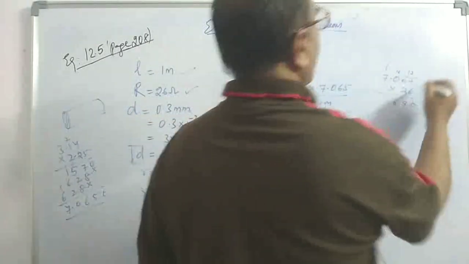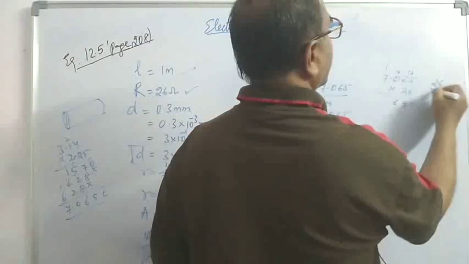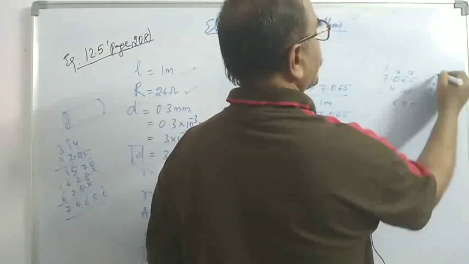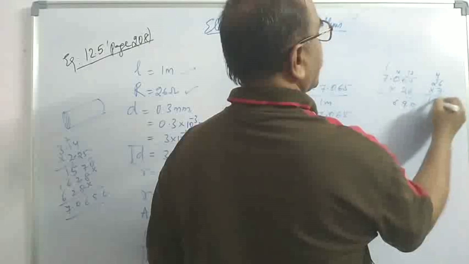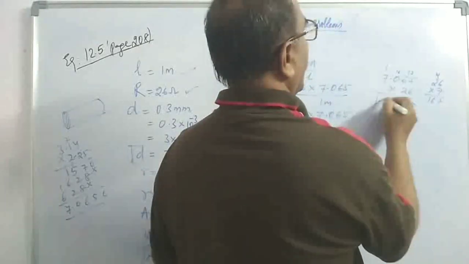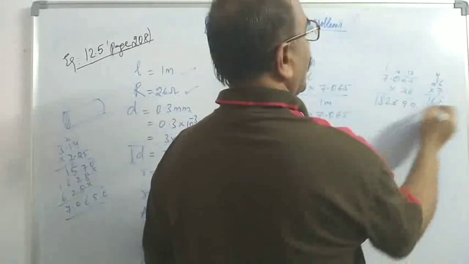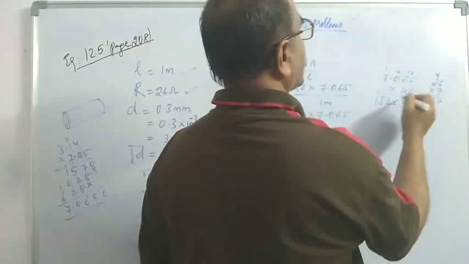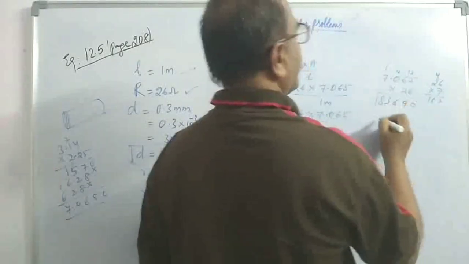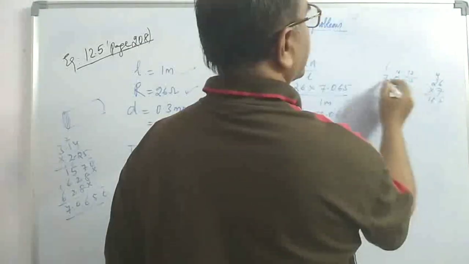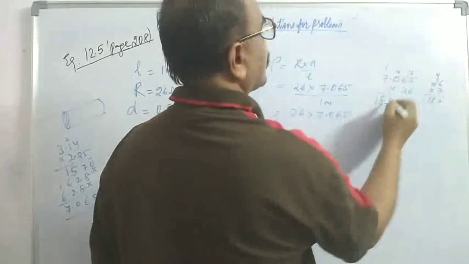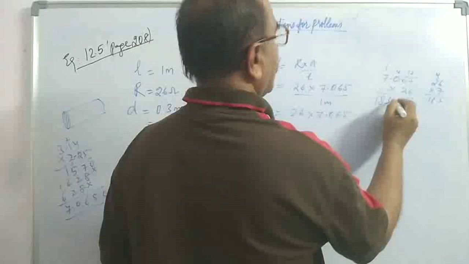Right, okay, so 26 times 7 is 182. So approximately 183. Okay, right, 183, so there we are.